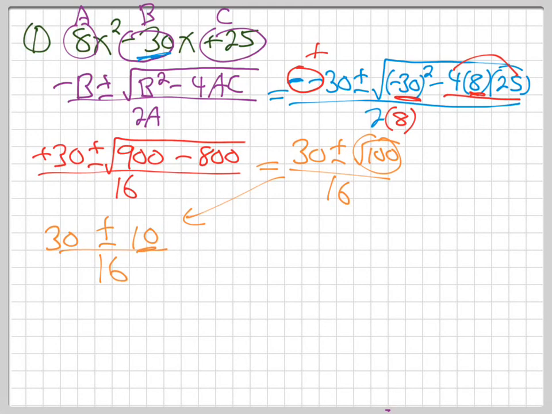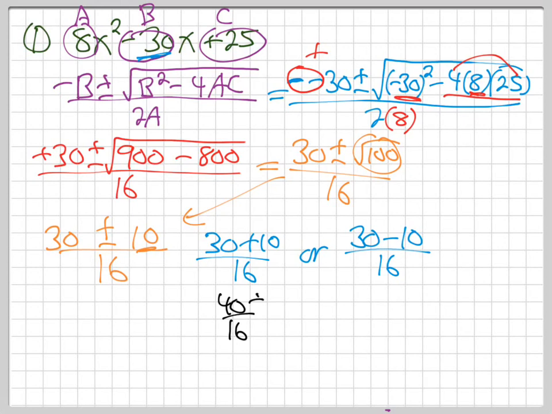And so what are the answers there? It's 30 plus 10 over 16, or 30 minus 10 over 16. So we break it into the two different cases. And what's that? That's going to be 40 over 16, and then we reduce that, divide top and bottom by 8. So that'll be what? 5/4? No, 5/2.